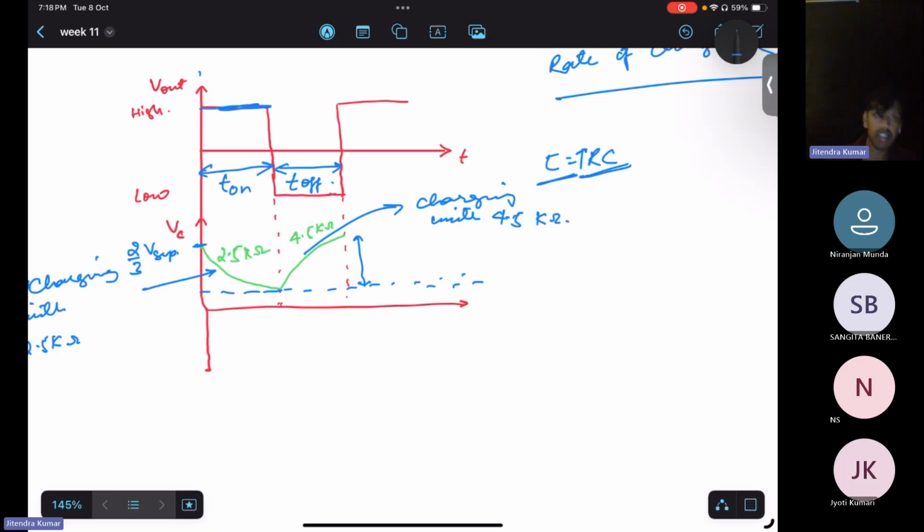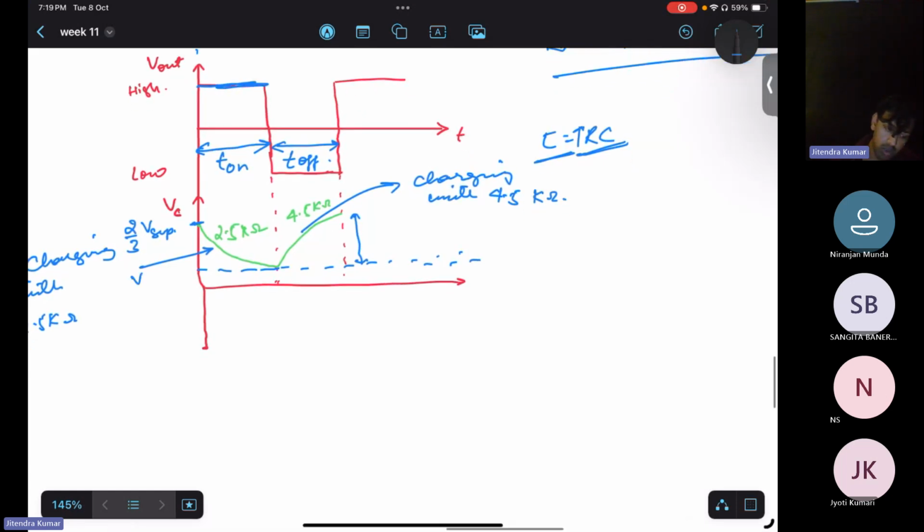Basically, when output is high, the capacitor is discharging through the transistor. And it will charge when our output is low, when VC is less than V supply by 3. Are you able to get both the data points?